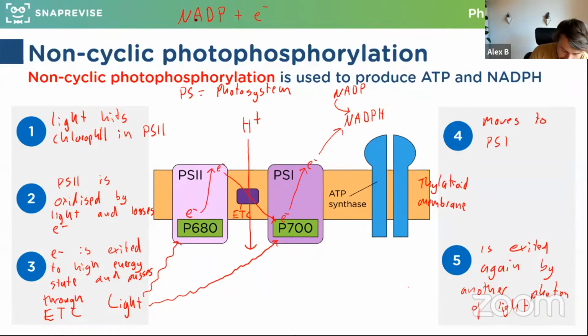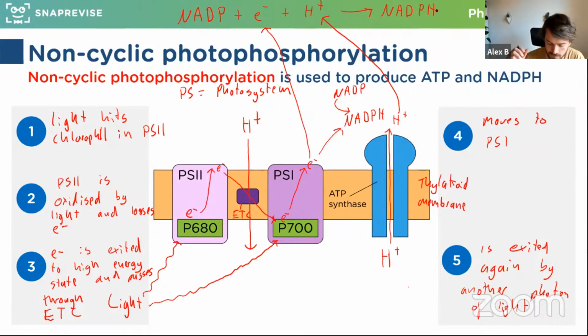So this is just a coenzyme floating around. The e minus was from here, plus H plus. The H plus was what was coming through the ATP synthase. This is what makes the NADPH.